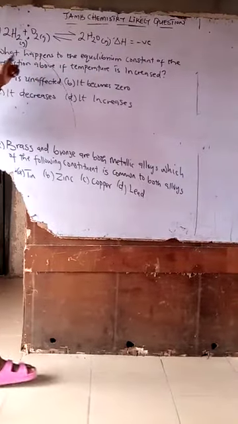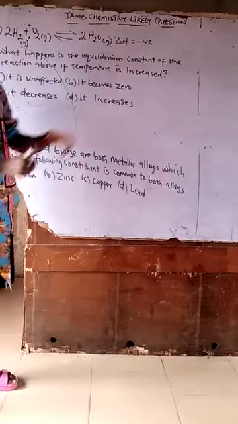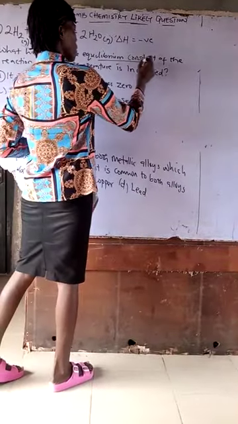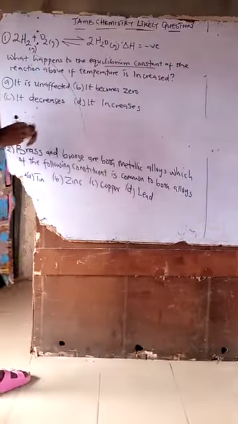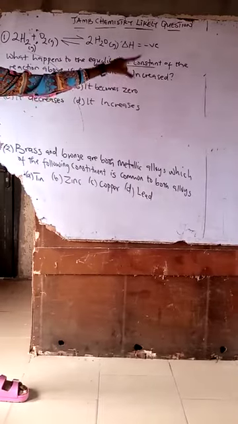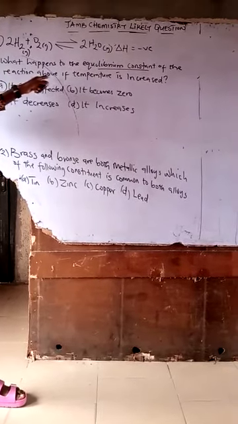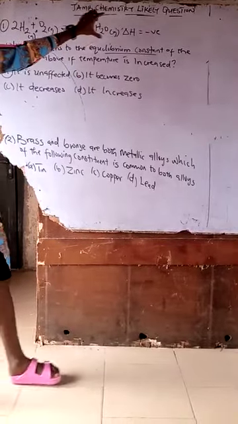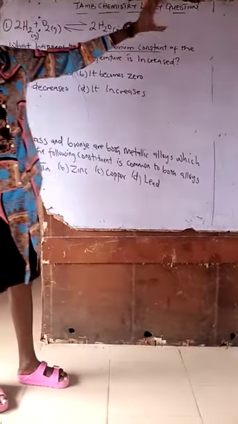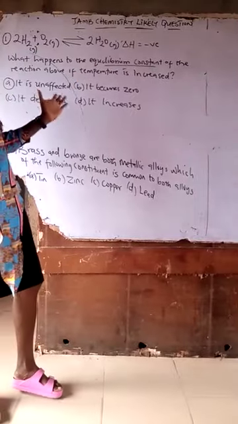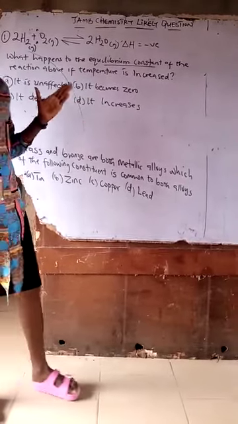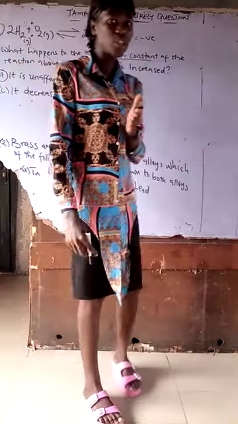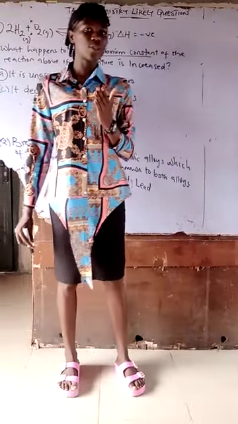And it asks, what happens to the equilibrium constant of the reaction above if temperature is increased? Already we know that the reaction is negative, that's an exothermic reaction. With this understanding, we remember Le Chatelier's principle.